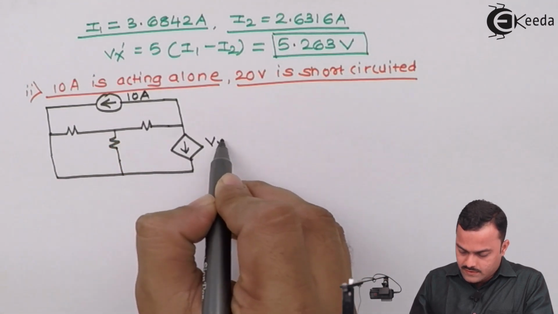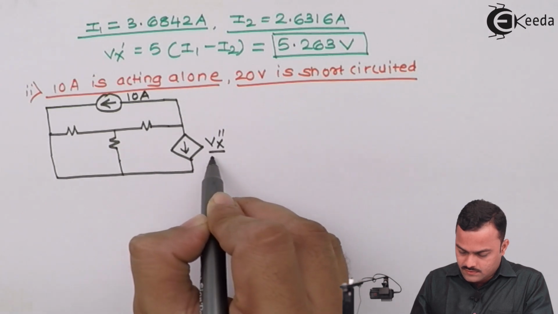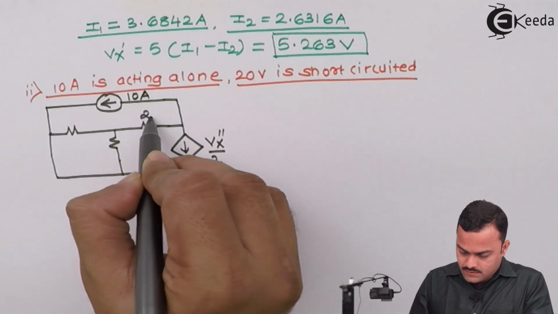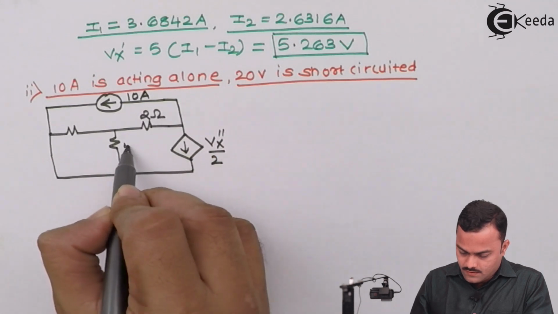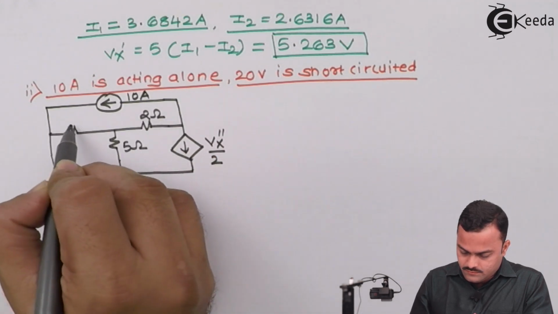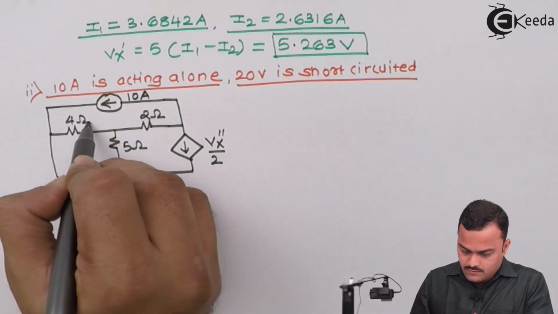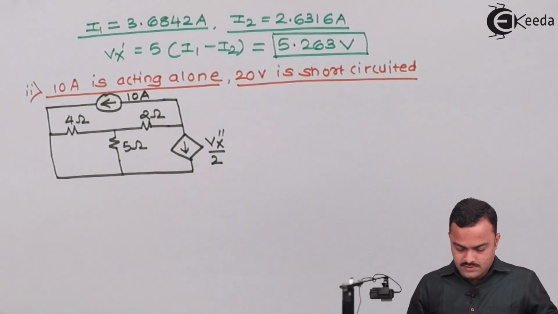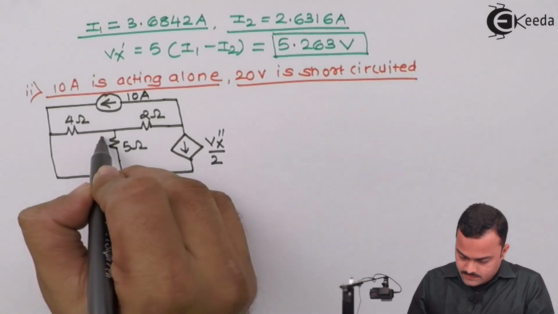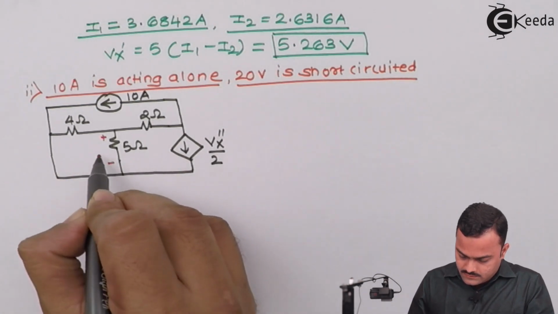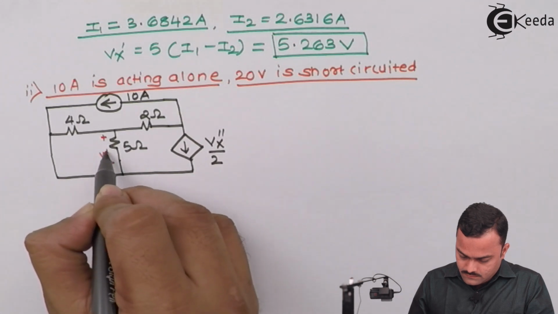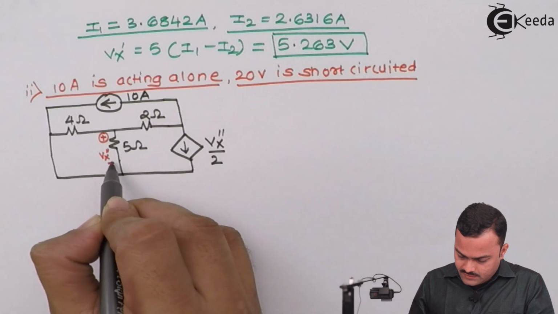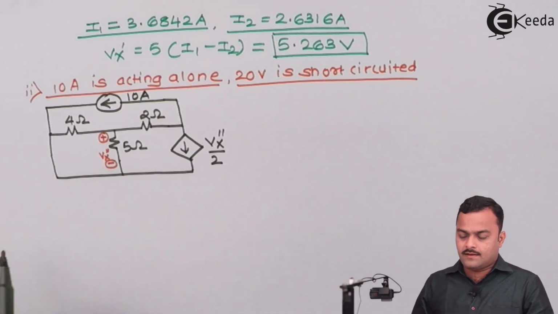So this will be Vx double dash by 2. This is 2 ohm, 5 ohm and 4 ohm, and Vx double dash will be like this. Just encircle this polarity to avoid confusion.